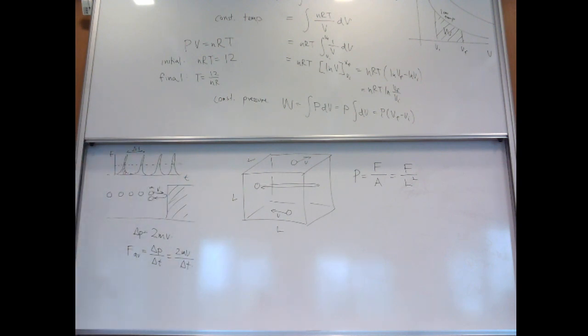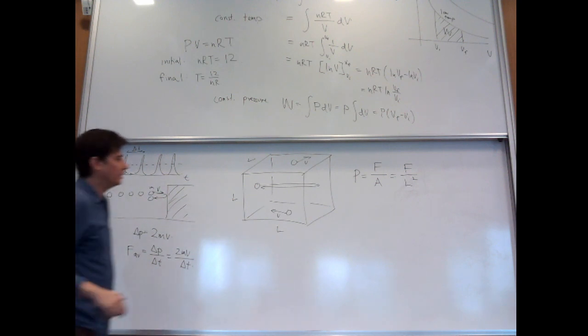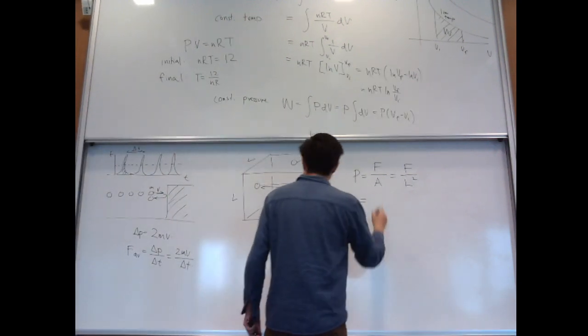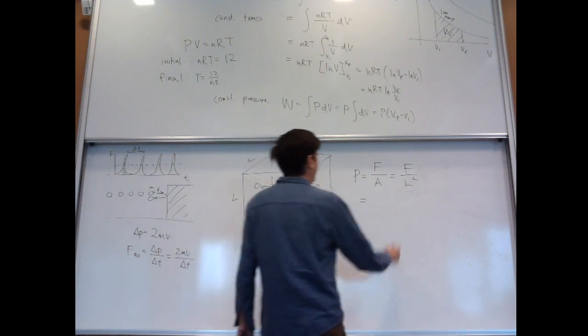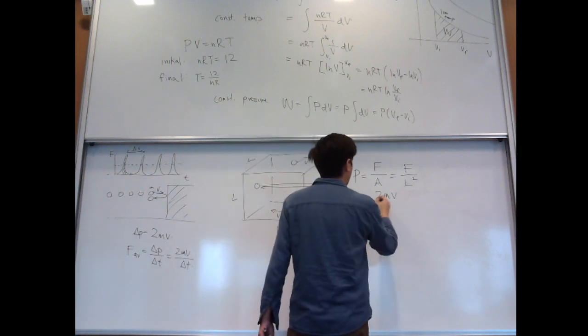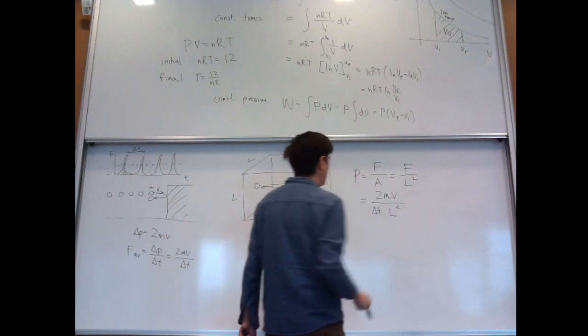Okay, so we had this result here before of average force is equal to the change in momentum, which in this case is 2mv divided by t. So we're going to use that result here. So it's 2mv divided by delta t L squared.